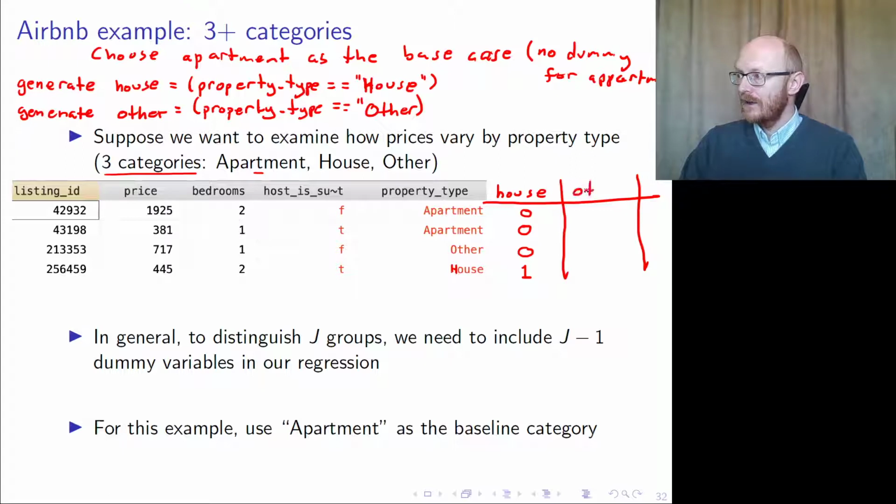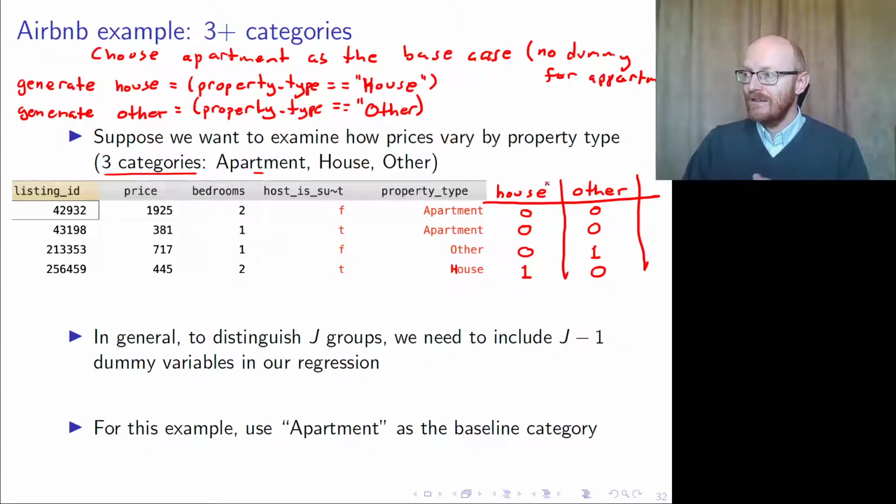And the other variable is 0 for apartments, and 1 for other, and 0 for house. Okay, and we have 3 categories, right?